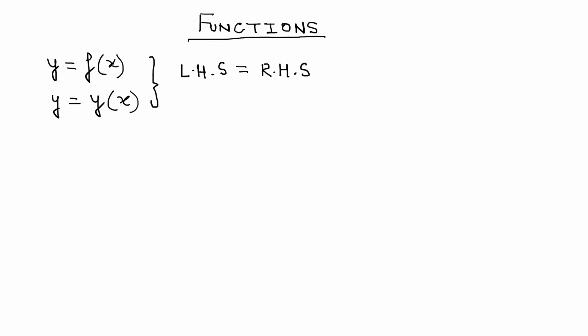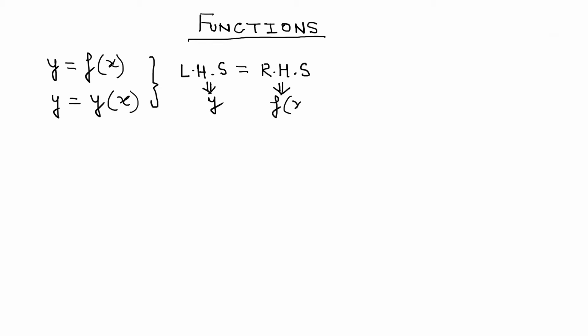So now what is LHS? LHS is left hand side of the equal to sign, and RHS is the right hand side of the equal to sign. So on the left hand side, if I were to compare, we have here y in one of the cases, and in the other case it is f of x.